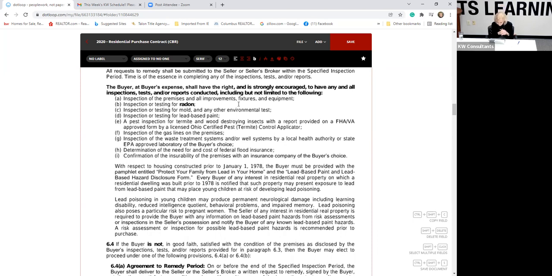Inspection of the premises, well, that makes sense. Inspection or testing for radon. If your buyer has never bought a house before, they're going to say, what's radon? And you need to explain what radon is. I usually tell people it can be a cancer-causing gas in the soil.